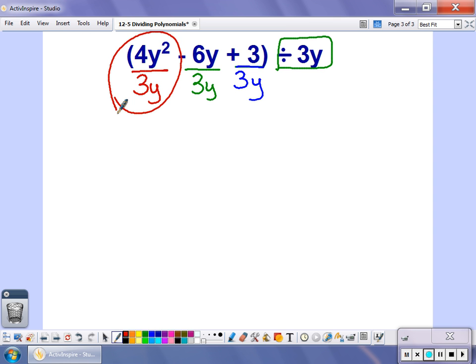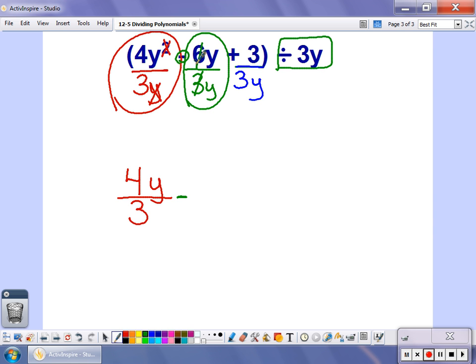So if I look at this 4 and this 3, I can't do anything with it. Okay, those numbers can't be simplified, but I know I can simplify my y's. I have 1y on the bottom and 2 on the top, so the 1 on the bottom cancels out 1 on the top, and that still leaves me with 1 on the top. Middle, I have a negative sign, and then I'm going to look at these fractions. I have a 6 and a 3.